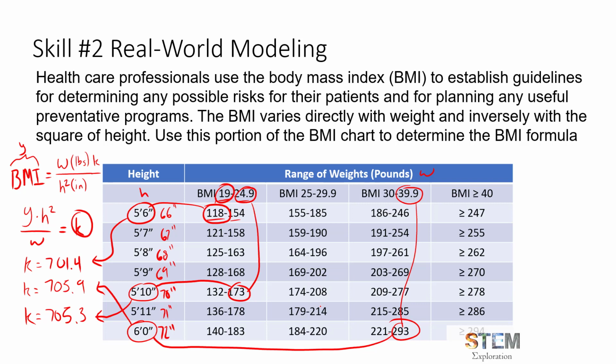But all I'm going to ask you to do if I ask you a question like this on a quiz or an exam is just to go, well, I see they're all in that 701 to 706 range, and depending on the values that you pick, I want you to look at those constants of variation and make an estimated guess, whether it's just an average or if you're like, nah, this is probably a weird outlier, so I'm going to say 705.6.